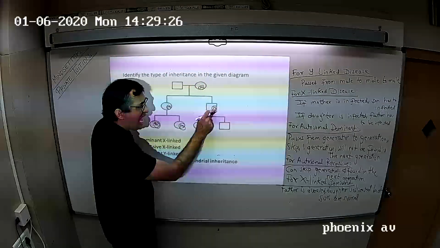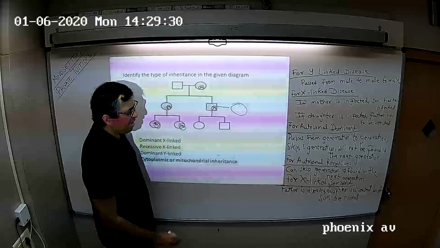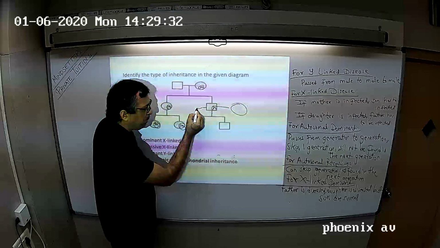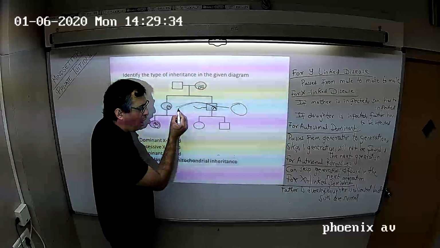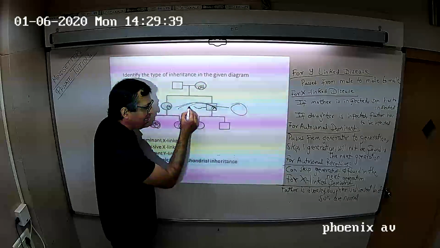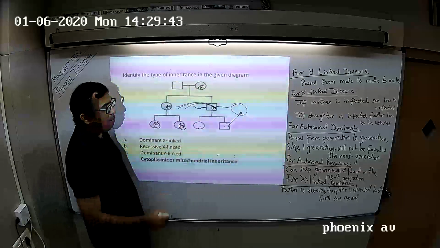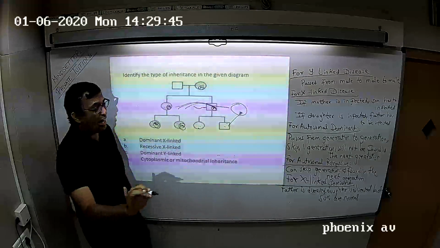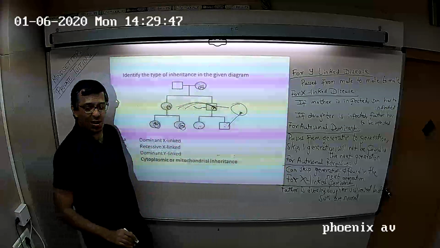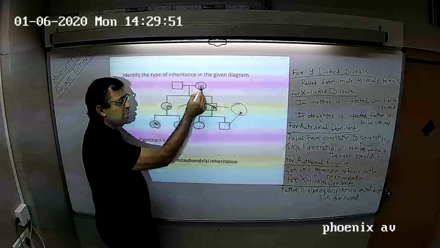But from the son, when he marries a wife with normal mitochondria, the sperm's mitochondria fall off, and the children will inherit not his mitochondria but the wife's mitochondria, which means the mitochondrial disorder will not be inherited in the next generation. I hope you understood that. Where has the mitochondrial disorder gone?